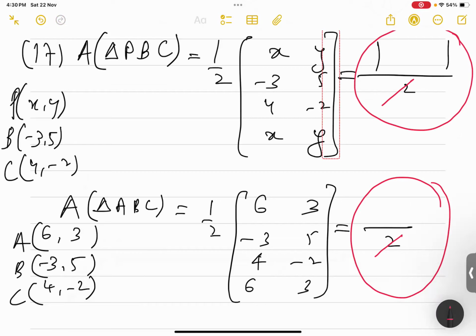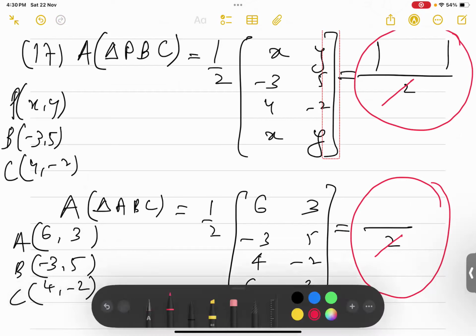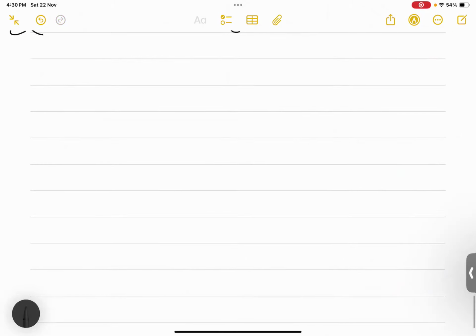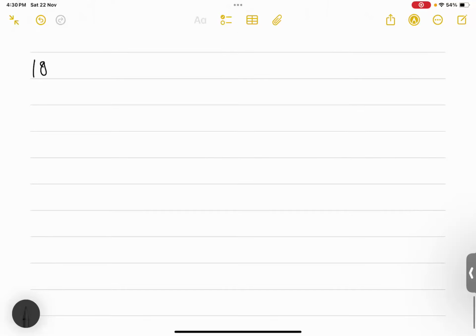Let's go to question number 18. Question number 18. A and B are 2 points and find point P such that the distance of PA and distance of PB.